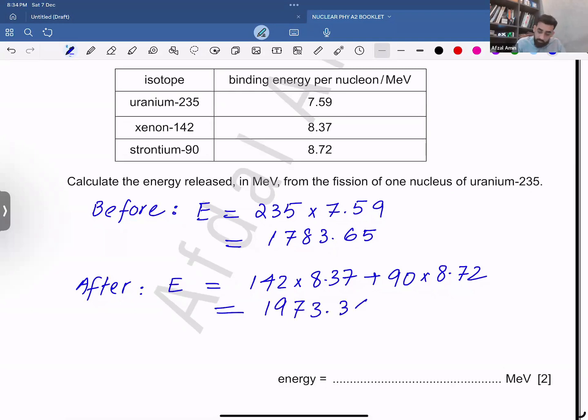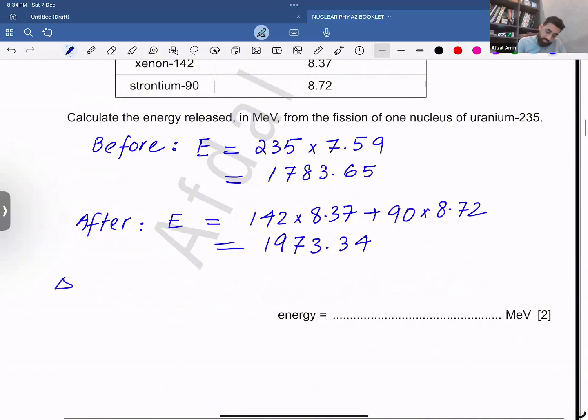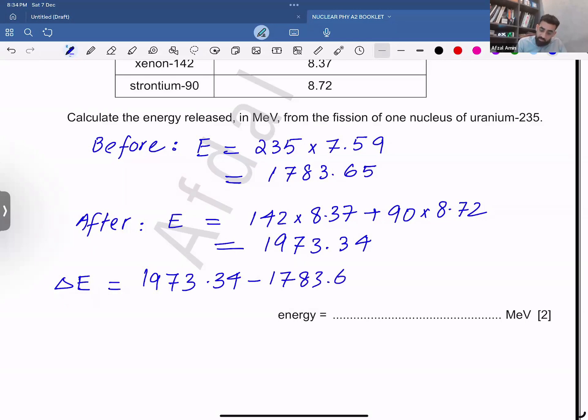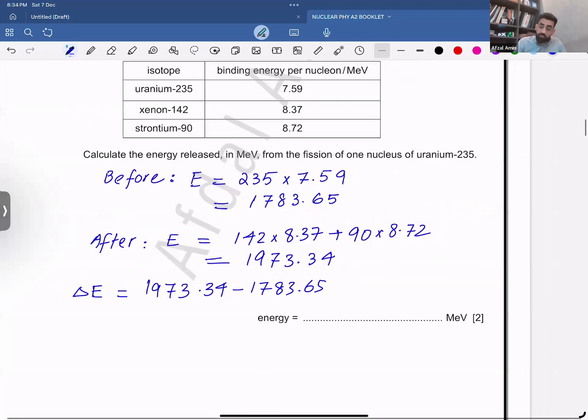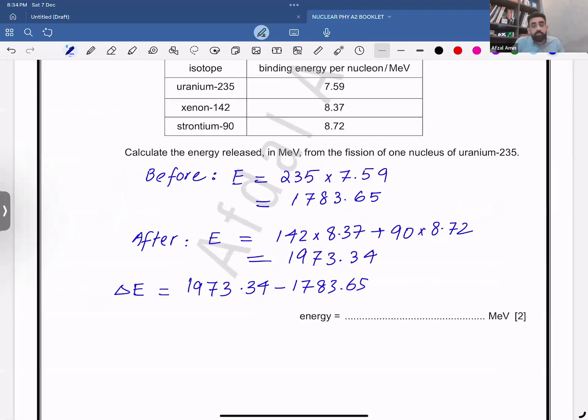So the energy released, subtract them: 1973.34 minus 1783.65 gives 189.9.